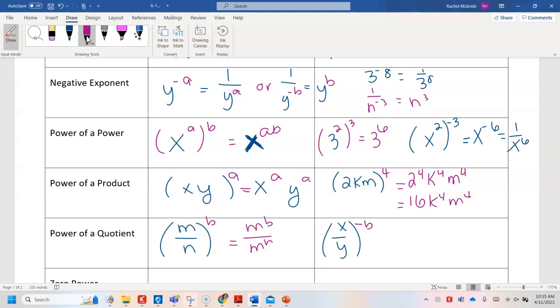So if you have an example where it's raised to a negative, then there's the trick where you flip the letters inside and change the sign to a positive. So you flip the inside, change the power to a positive, because that goes back to your negative exponent rule. Then you distribute the power.